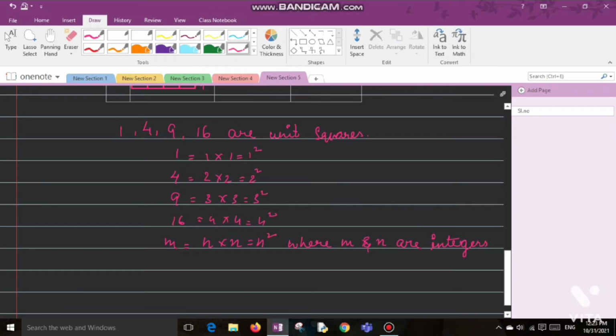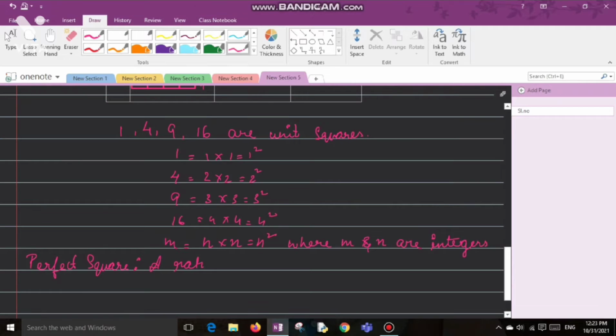You might have observed in the given pattern that the numbers are expressed as a product of 2 equal factors. Such numbers are called perfect squares. What are those called? Perfect squares. Let's understand it in simple terms.